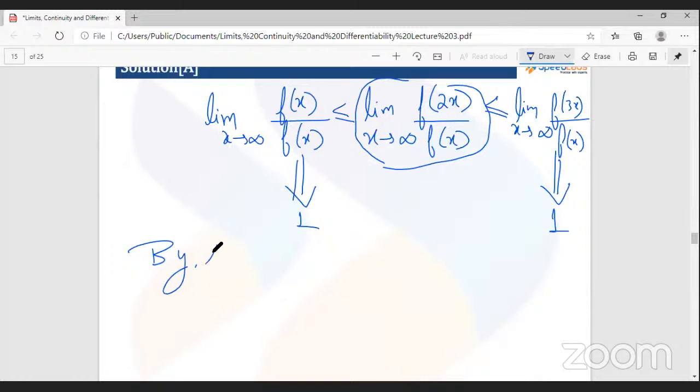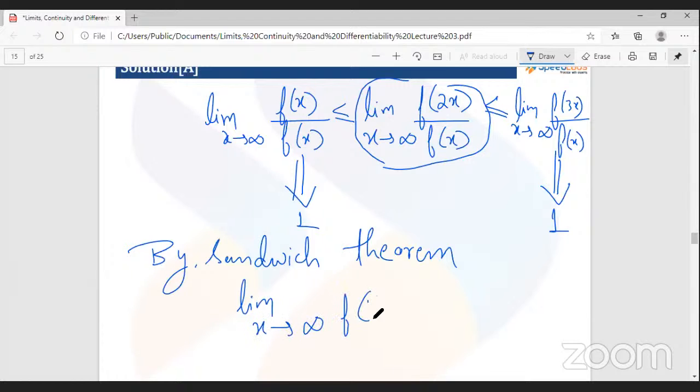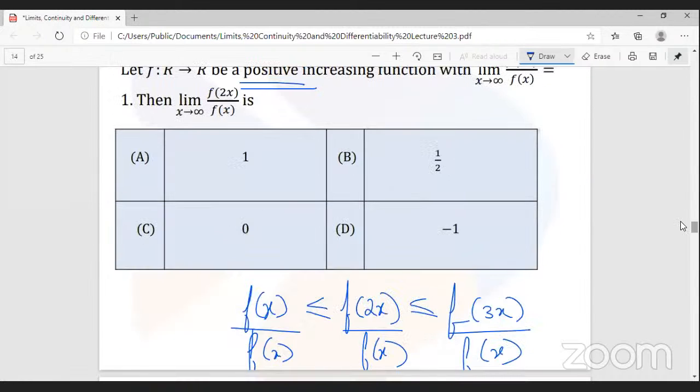By the sandwich theorem, it implies that the limit as x tends to infinity of f of 2x upon fx will also be equal to 1. So the correct option here is A.